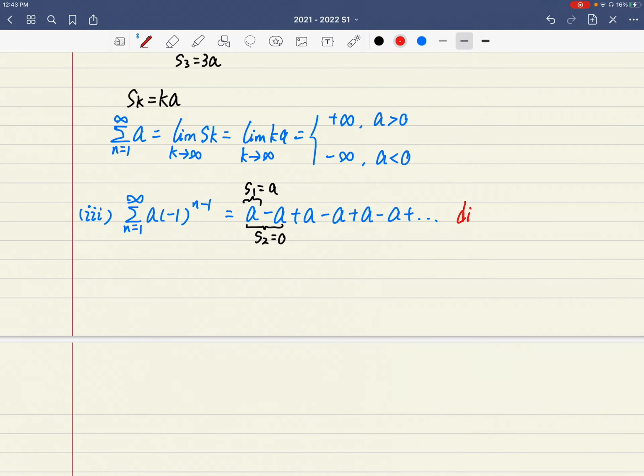It's never getting closer and closer to a specific value. It's forever alternating between a and 0. And also very important, we know a is not 0. If a is 0, it's another story, but from the question we know a is not 0, so it is divergent.